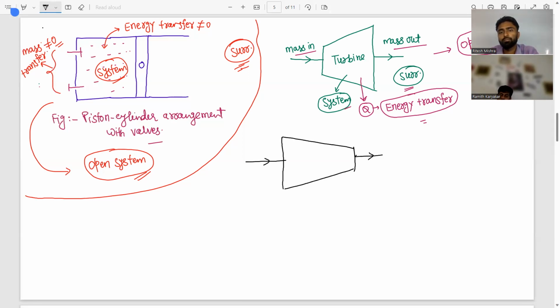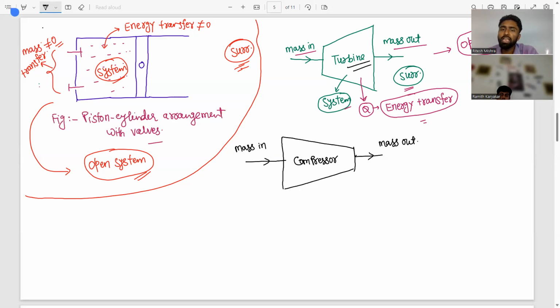In the turbine, the working substance is expanded, but in the compressor, the working substance is compressed. In the compressor, mass is entering, mass in, and mass leaves, mass out.